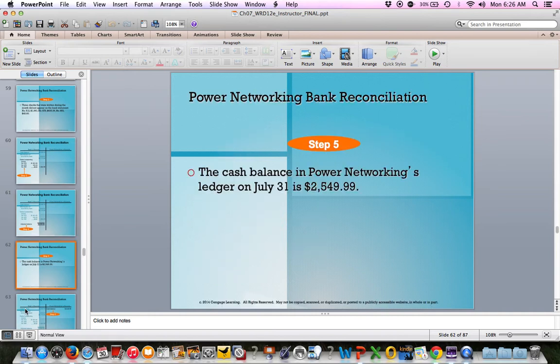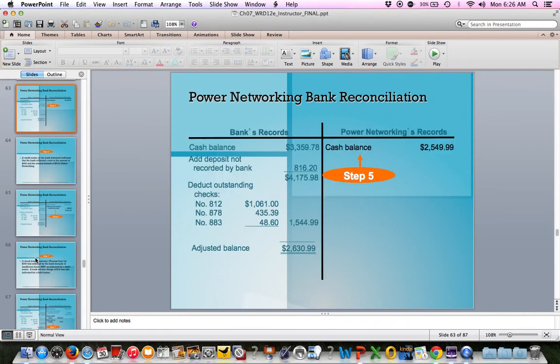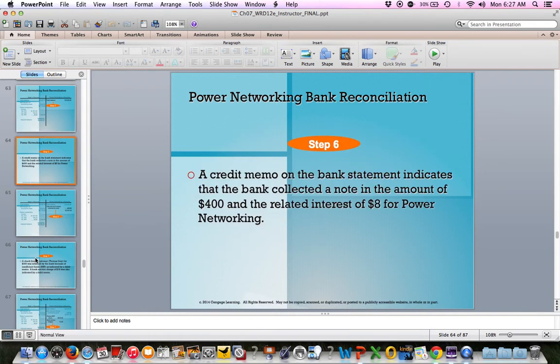So I do basically the same thing, only now for the company side. And per our cash ledger, the balance is $2,549.99. So I put that one in, step 5. Step 6 then is a credit memo on the bank statement that shows the bank collected a note for us. So somebody owed us money, and they made that payment directly to our bank for us, which is not unusual.